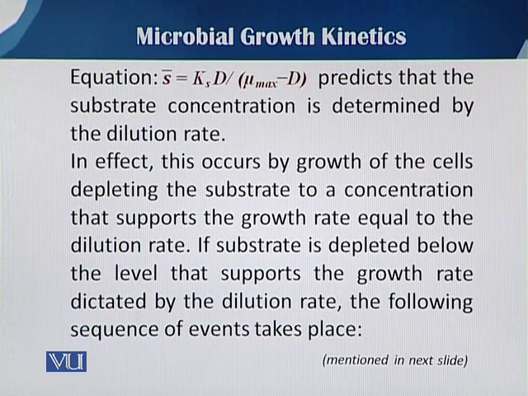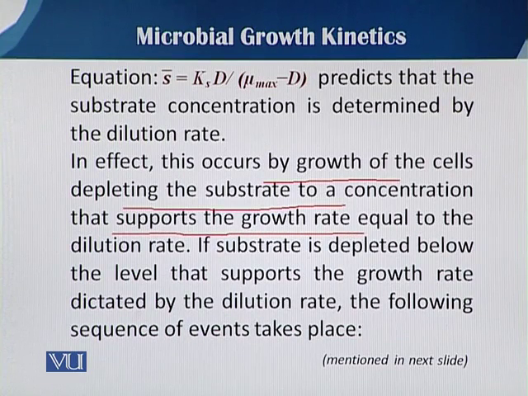This occurs only when the growth of the cells depletes the substrate to a concentration that supports a growth rate equal to the dilution rate. When we are adding something and growth happens, the cell number will increase, and as the cell number increases, the utilization of the substrate will also increase.